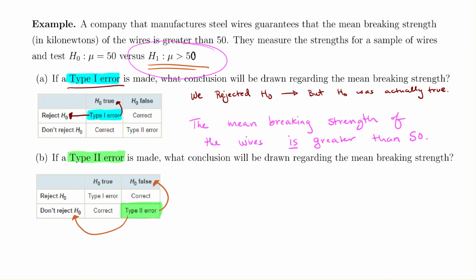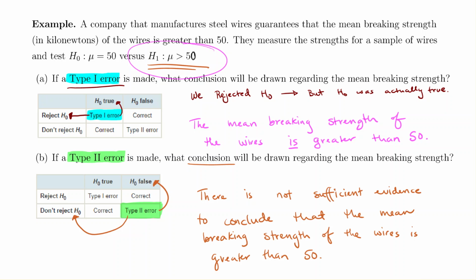So if I was to state my conclusion that resulted in a type 2 error, I would not reject H0. When you fail to reject, you always start with the phrase, there is not sufficient evidence to conclude that the mean breaking strength is greater than 50, because in a type 2 error, we failed to reject even though H0 was false.